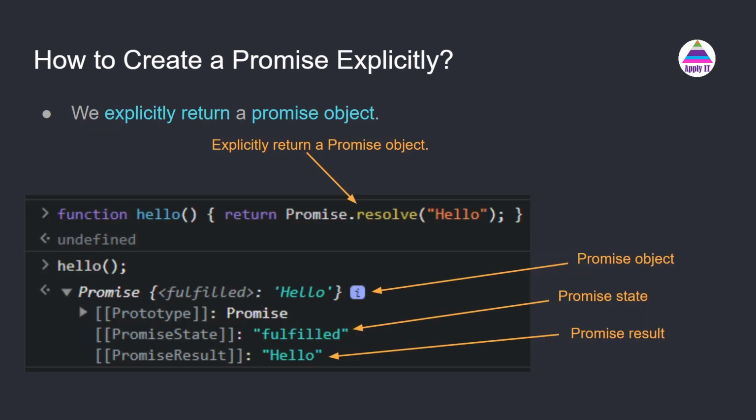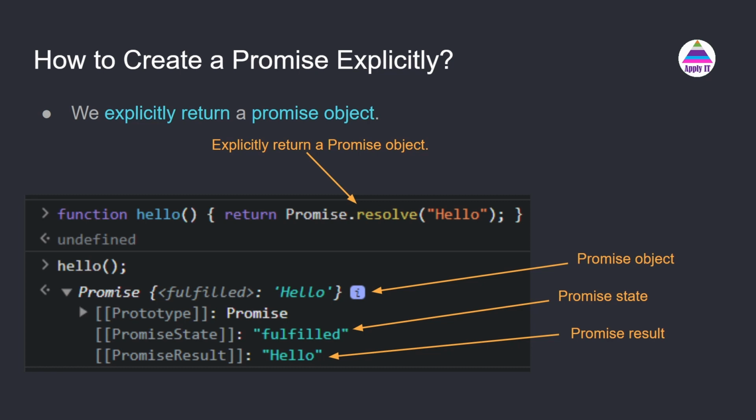Now when we create a promise object explicitly, we can either return a fulfilled promise object or a rejected promise object. So let's see that. So we write the same function hello, and now we can use the function say Promise.resolve to return a promise object that is fulfilled, and Promise.reject to create a promise object where the state is rejected.